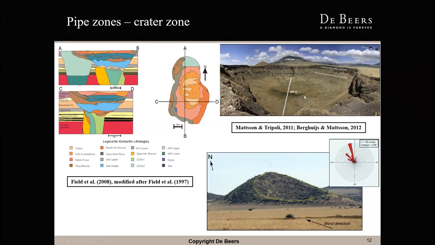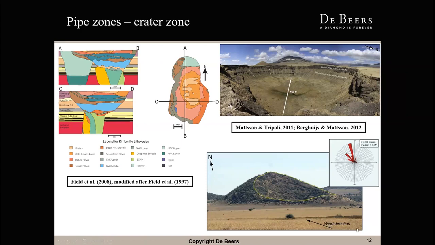And then just for comparison, over on the top right-hand side, there is an olivine melilitite crater. This particular one is Lolmurwak, which is in the Lake Natron Engaruka monogenetic volcanic field in the north central part of Tanzania. And for comparison, there is a scoria cone, so maar crater on top, scoria cone on the bottom, and you'll notice the sort of lopsided view of this scoria cone.